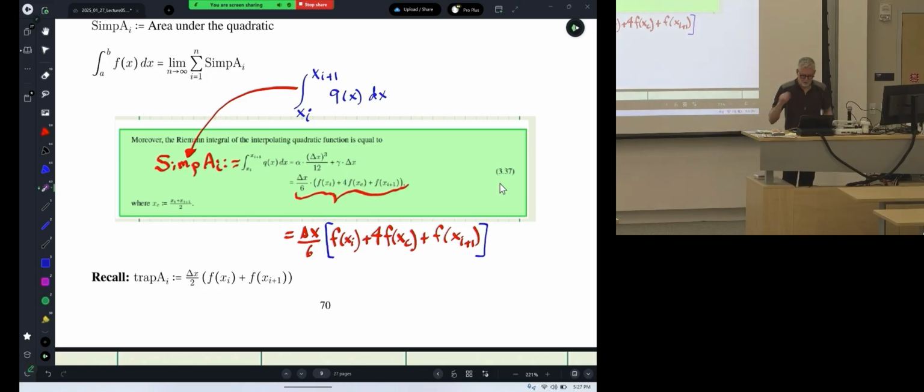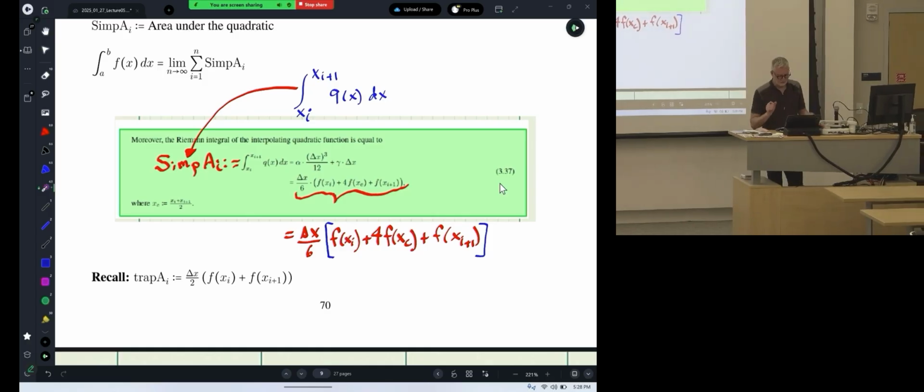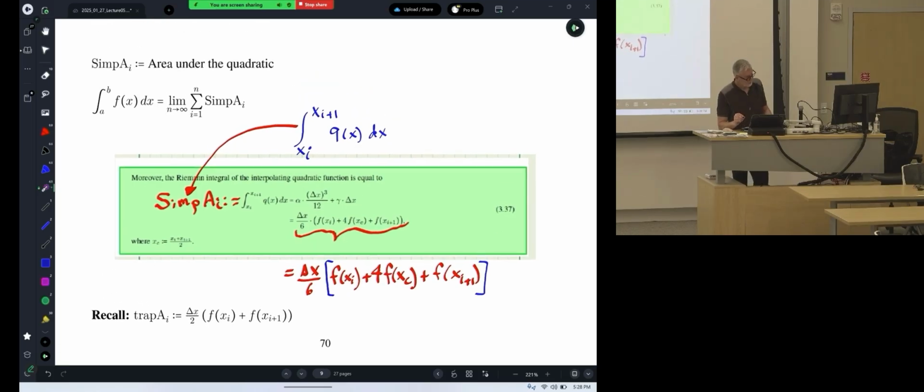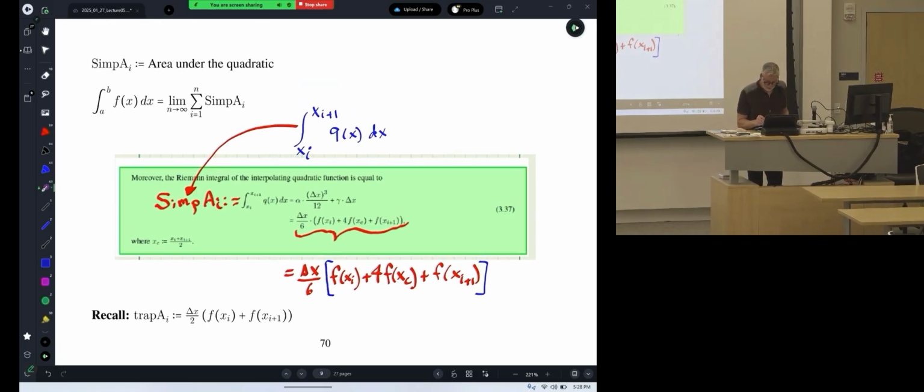So the question was, why compute the area under the quadratic approximation of the function instead of just computing the area under the function? Is that it? Yeah. And the thing is, suppose f of x was e to the sine of x cubed plus square root of 1 plus x squared, for example.